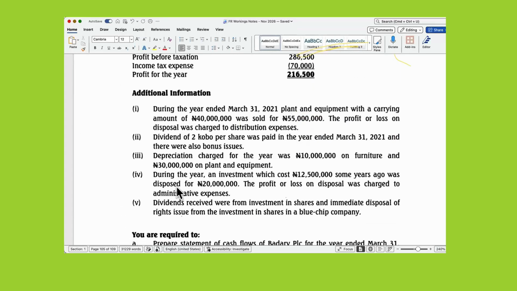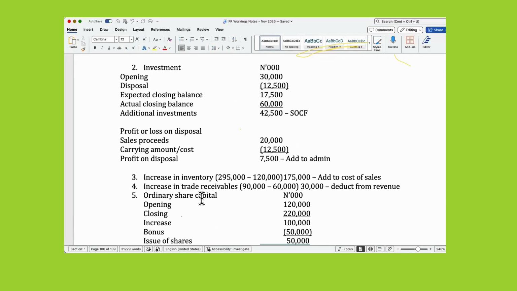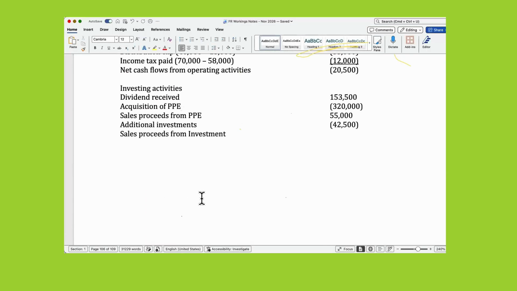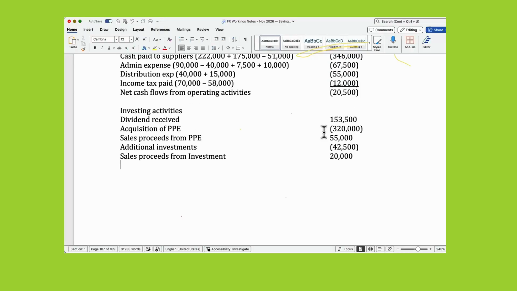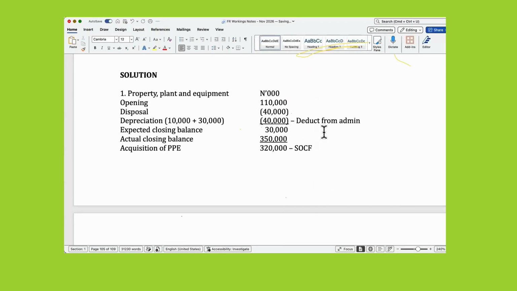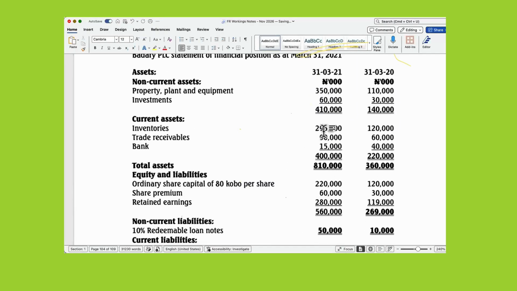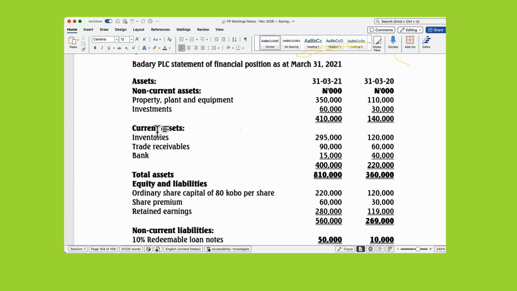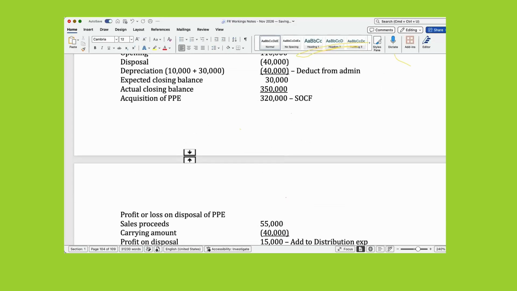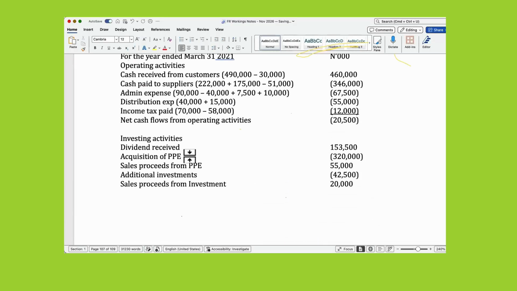In note 4, it was disposed for 20 million. So I'm going to have 20 million. And that's all really, because if I check my non-current assets, it's really PPE and investments. My current, I've already dealt with them. Inventory, receivables, bank is the balancing figure. So let's get the total.